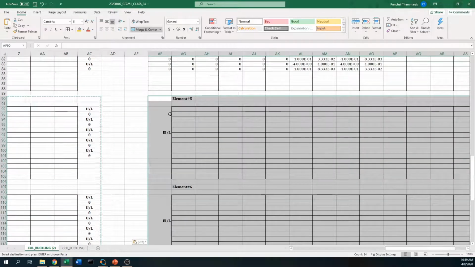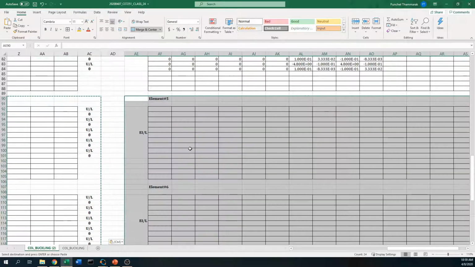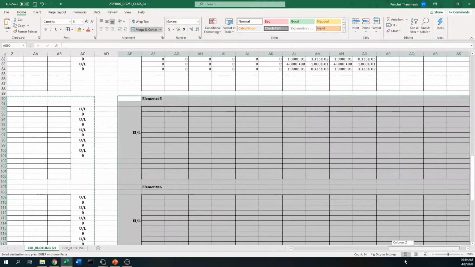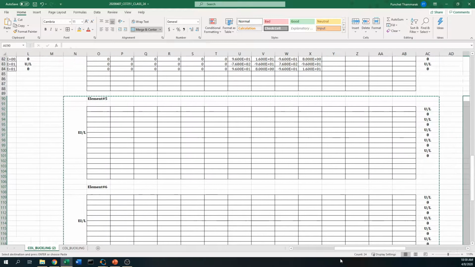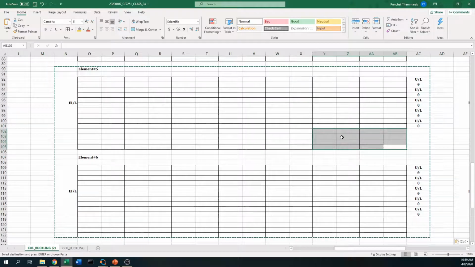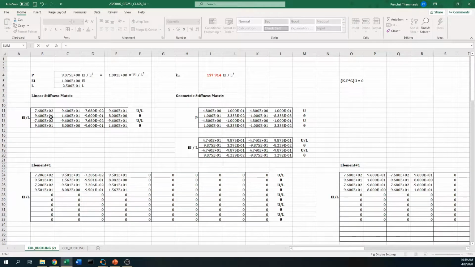We're going to need a few more pastes. This is for the last element. This element, the first one here, is going to be equal to the part here.